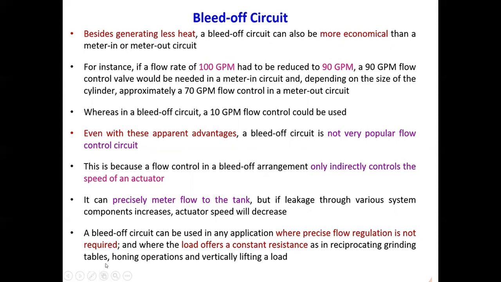A bleed off circuit can be used in any application where precise flow regulation is not required and where the load offers a constant resistance, as in reciprocating grinding table, awning operation, and vertical lifting load.